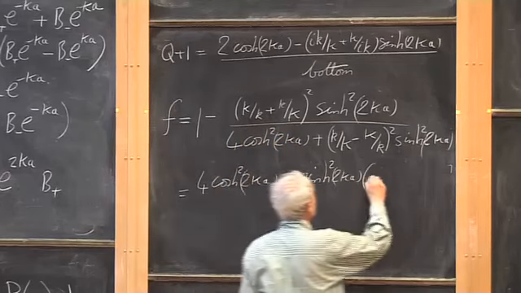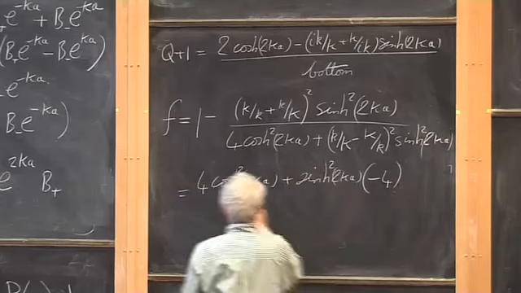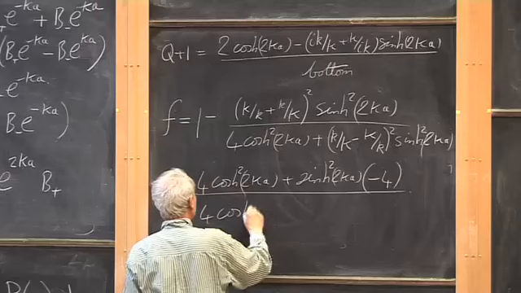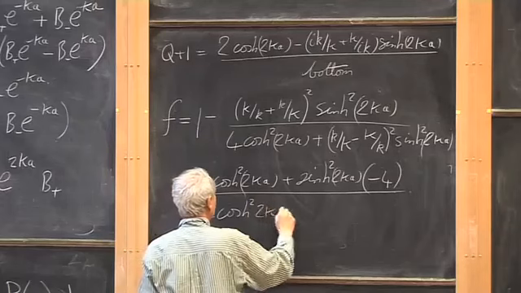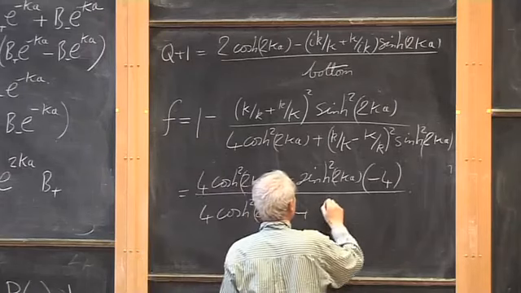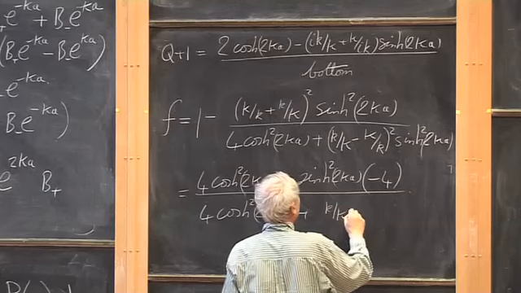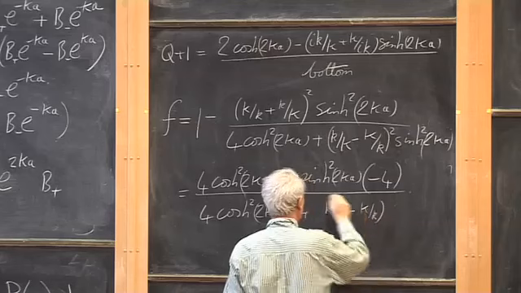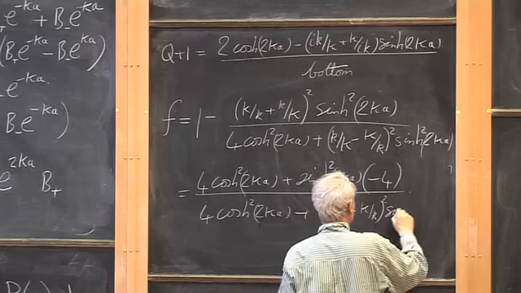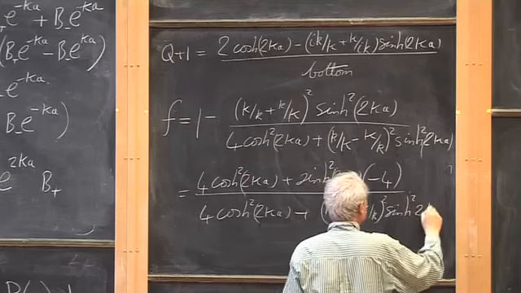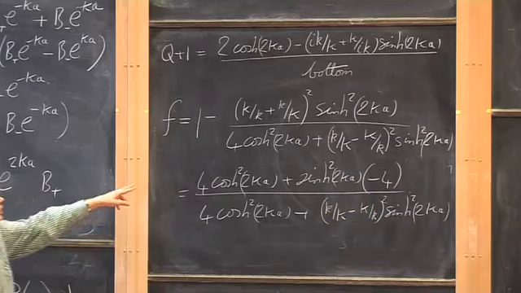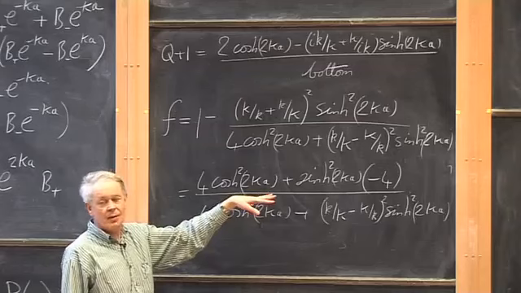So this is going to be times minus 4, and it's over the bottom as you see it, over 4 cosh squared 2ka plus (k/κ minus κ/k) squared sinh squared 2ka. And the top simplifies most beautifully because cosh squared minus sinh squared is 1.